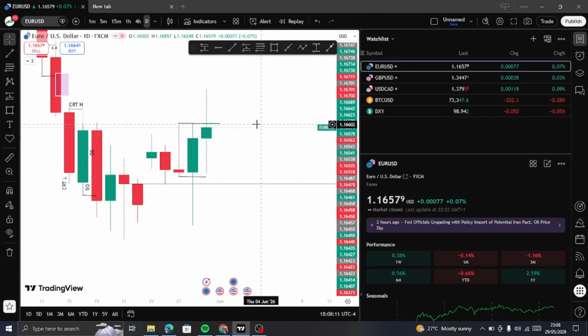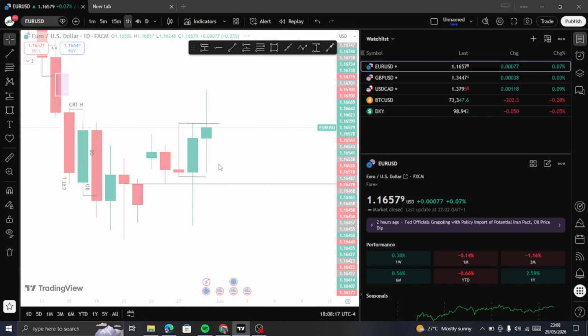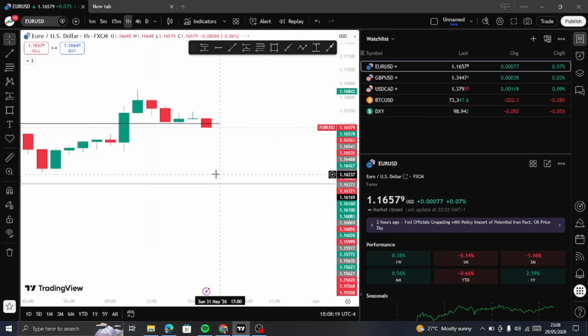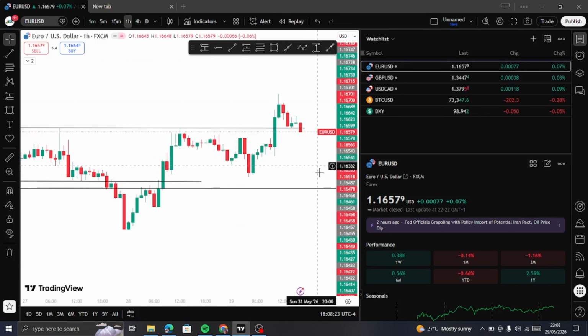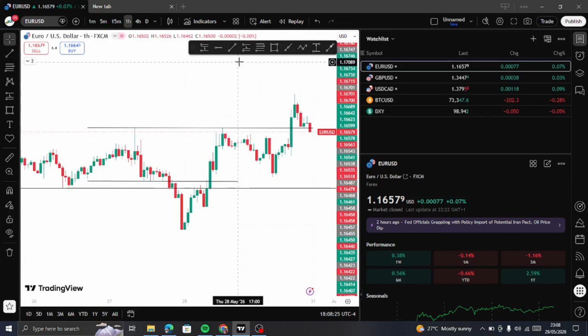So for my entry mode, I use 1 hour and 15 minutes sometimes. So I come to the 1 hour time frame to see an entry. So there are two models to entry.